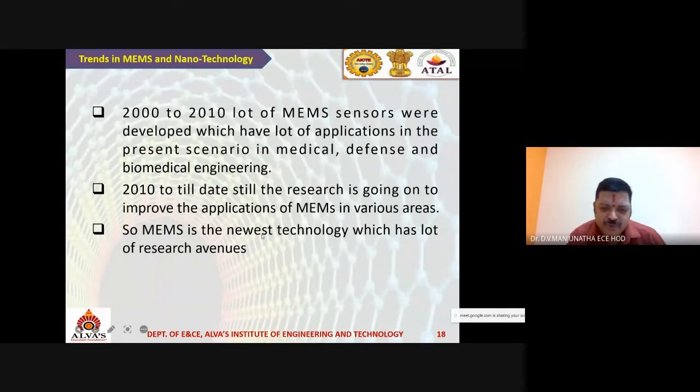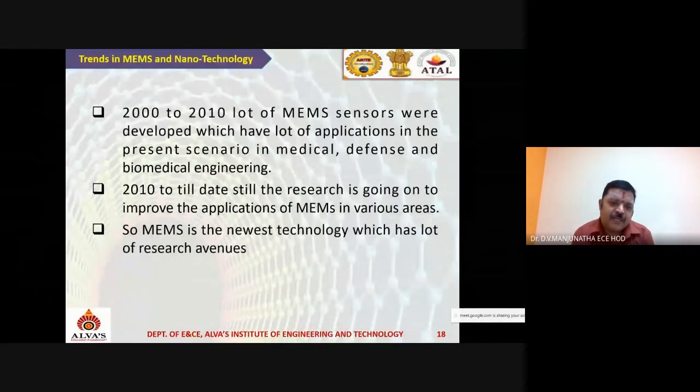MEMS is the newest technology, with a lot of research avenues. I told you that a large share of the market will be grabbed by MEMS devices. MEMS and IoT are merging now.